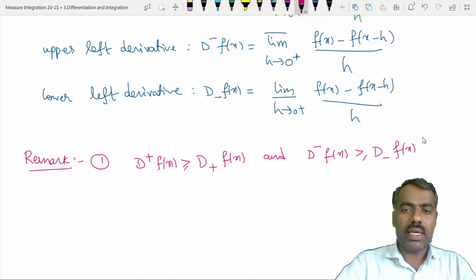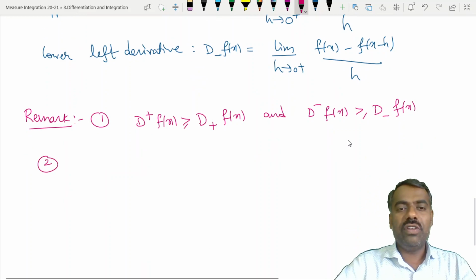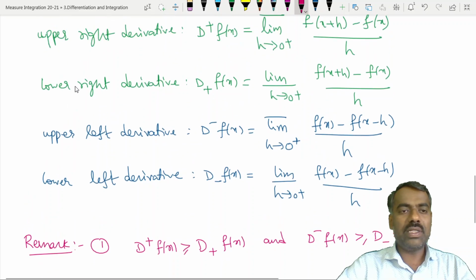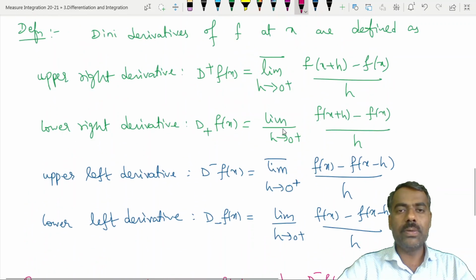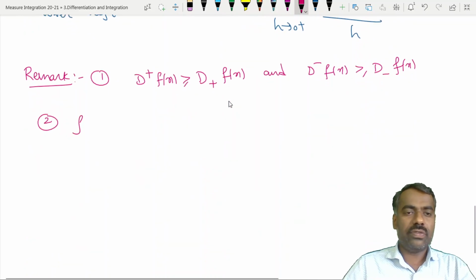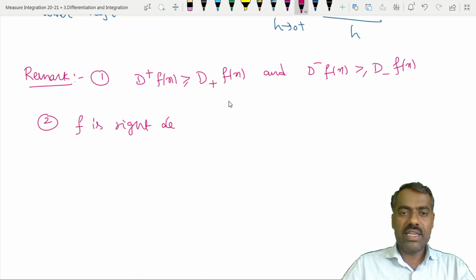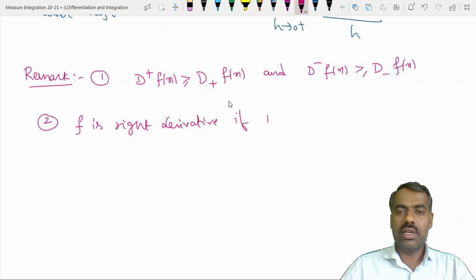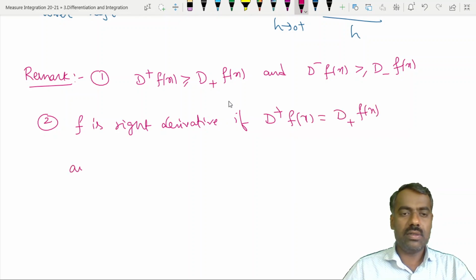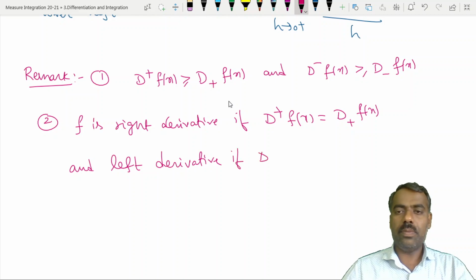Then the second remark: if the upper D plus f of x is equal to the lower D plus, that means the upper right derivative is equal to the lower right derivative, then we say that f is right differentiable. And f is left differentiable if the upper D minus f of x is equal to the lower D minus f of x.